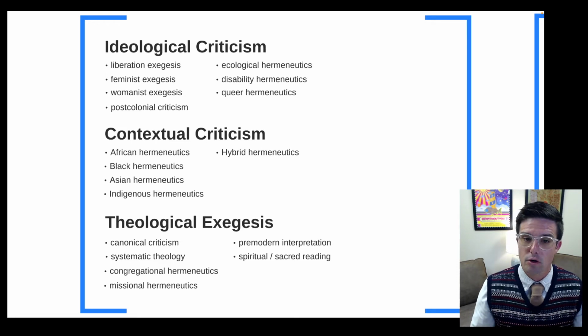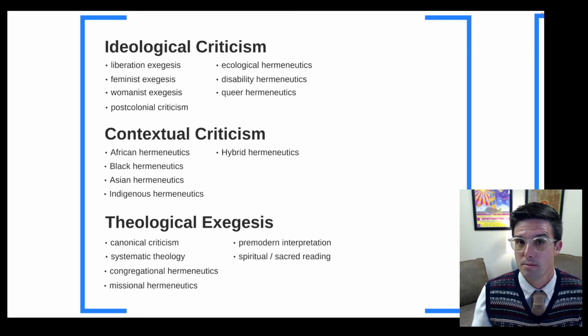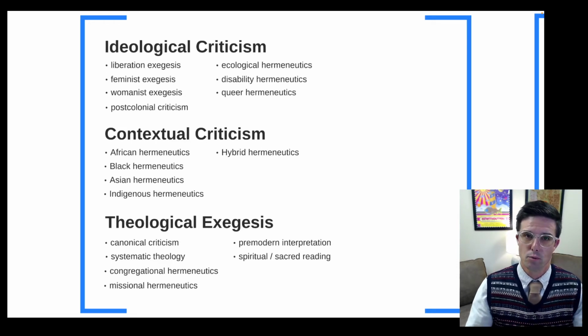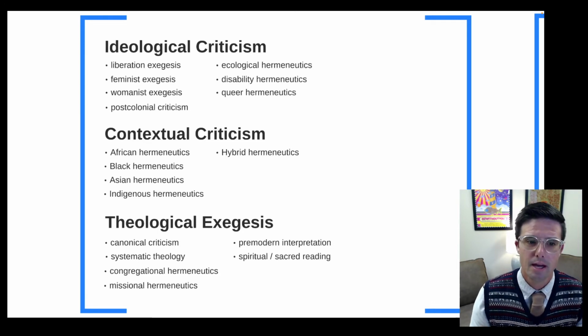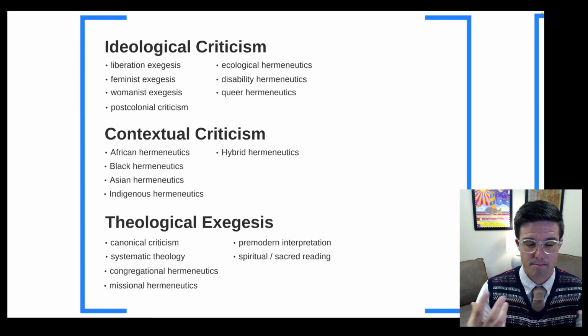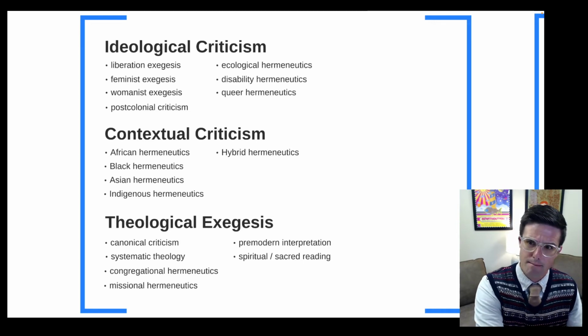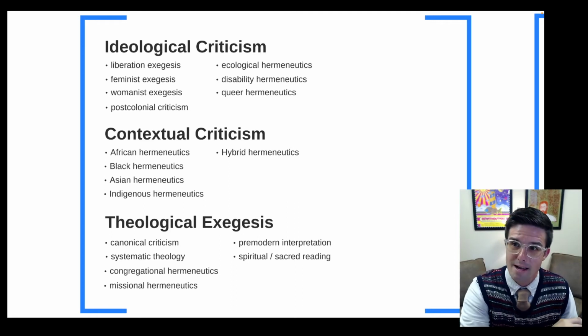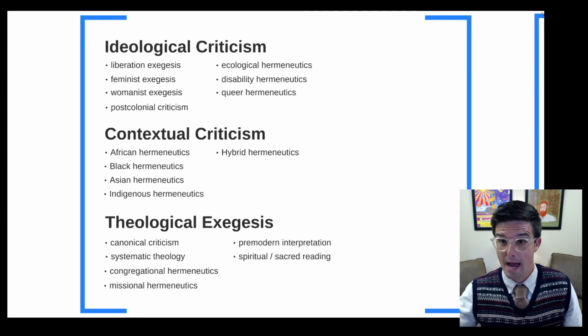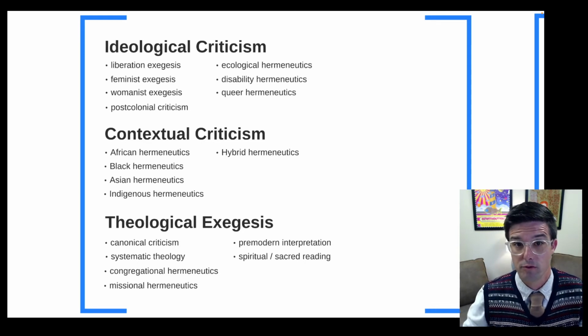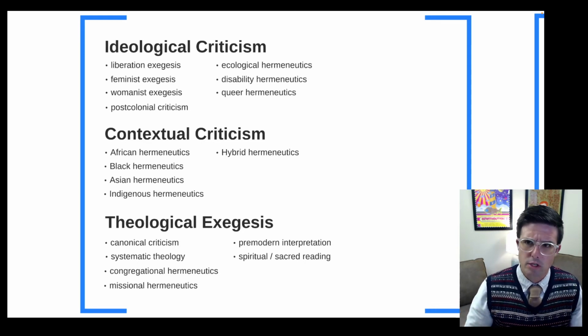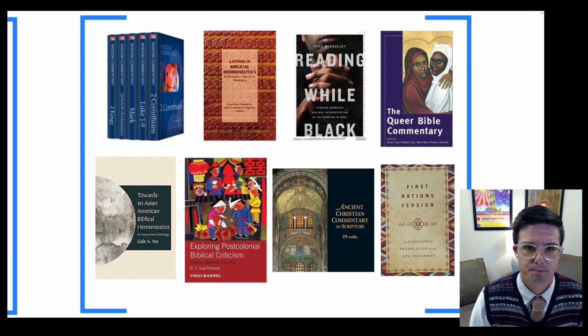And then spiritual or sacred reading is going to be doing things like Lectio Divina, where you're reading the text and sitting with it and thinking about how it impacts you theologically, how it impacts your own relation with the triune God, and what that might mean for the meaning you draw out of the text in a spiritual or sacred way.